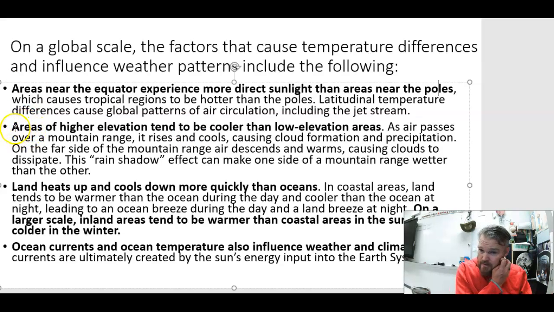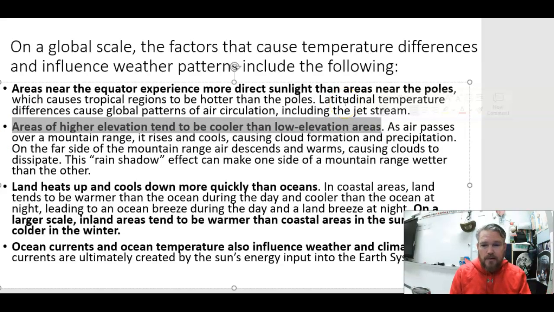Then this next point, areas of higher elevation tend to be cooler than areas of lower elevation. I would hope we know that, but as you travel up a mountain, it gets colder. As you travel down the mountain, it gets warmer. Now, what that also does is, as air travels up over a mountain, it cools and condenses out water, which causes rain or snow or whatever type of precipitation you want to look at.